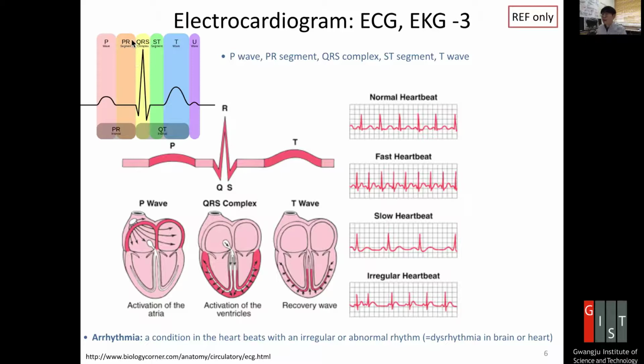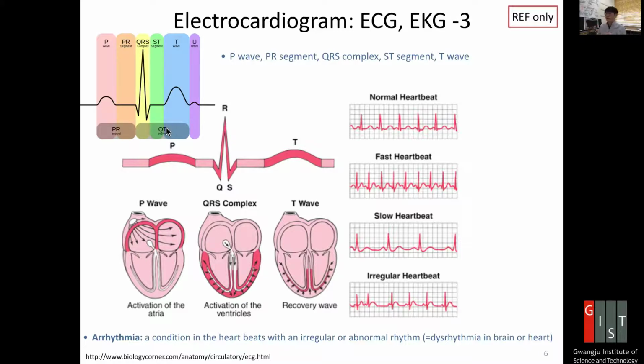So PR, this distance, is the PR segment, and that between S and T, this period, is the ST segment. And the PR interval and QT interval give physicians some idea of how to interpret your heart ECG.